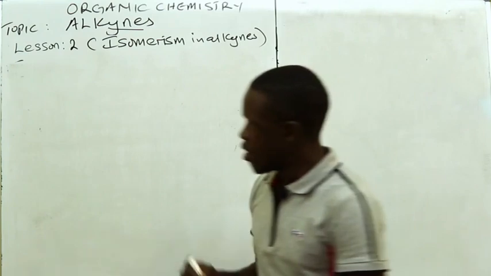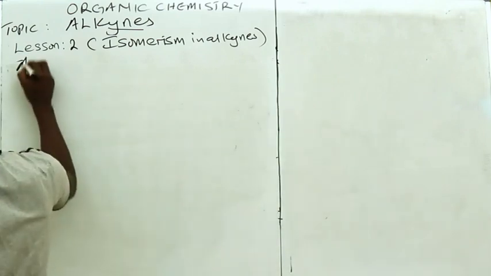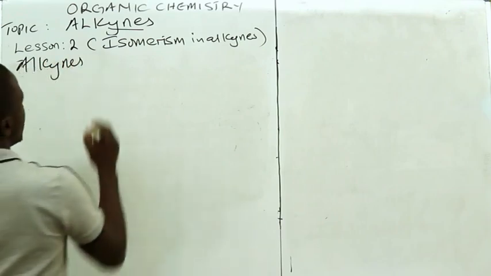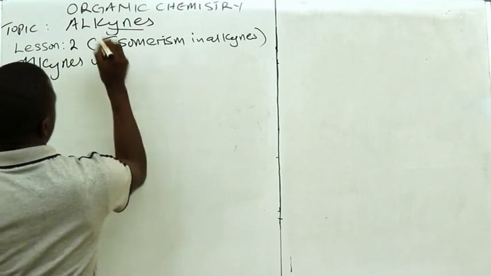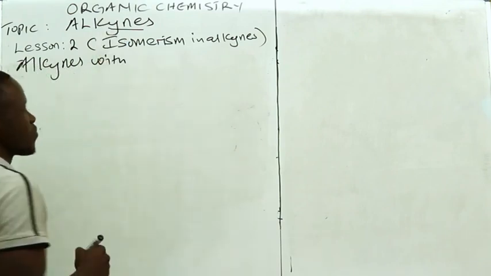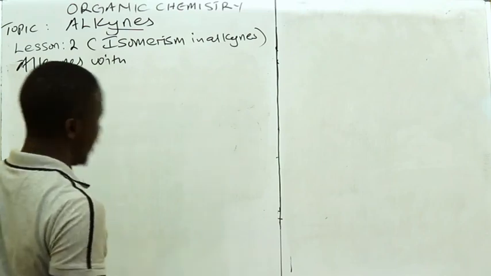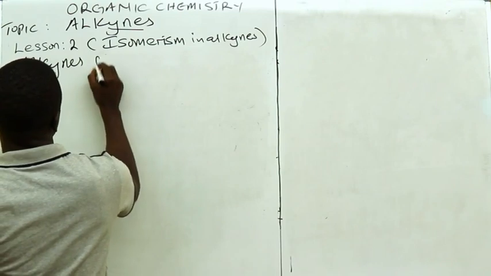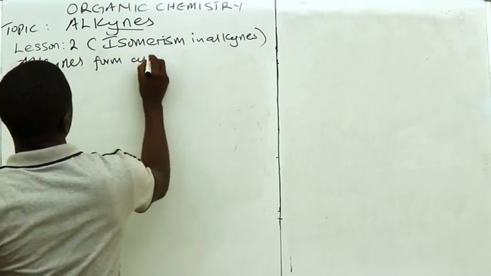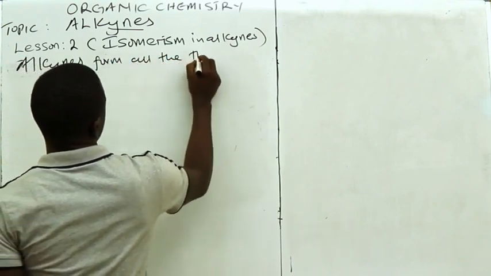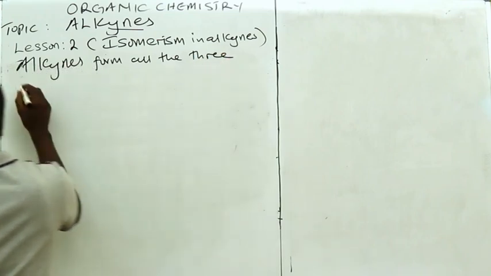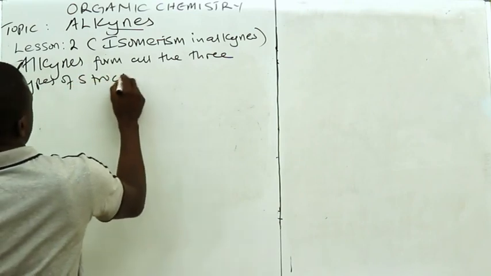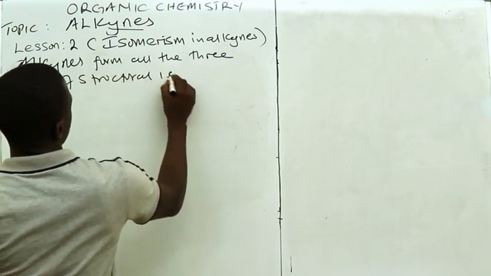So I'm going to say that alkanes form all the 3 types of structure isomerism.